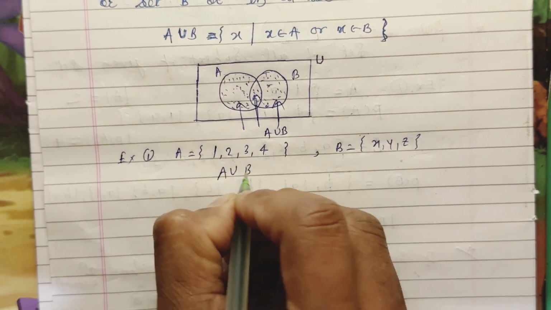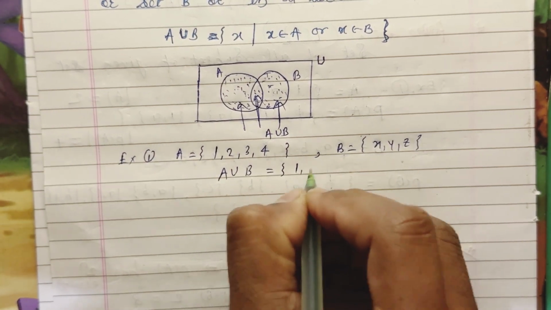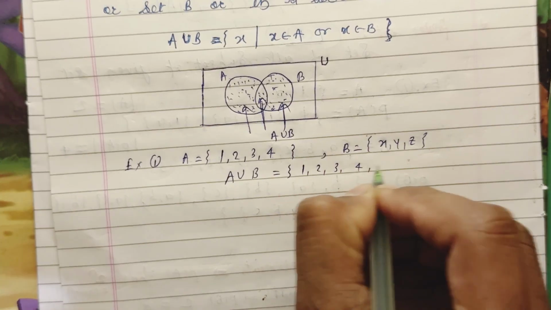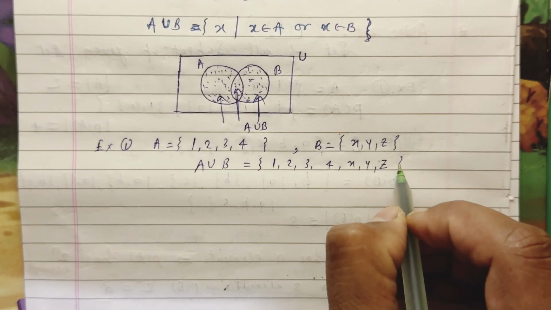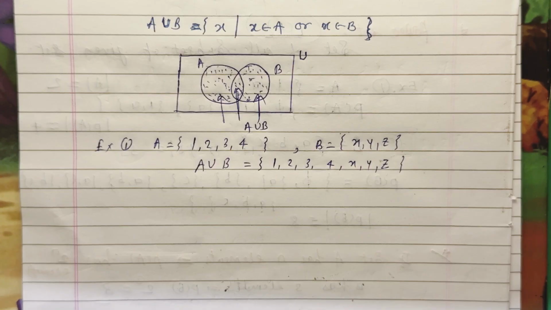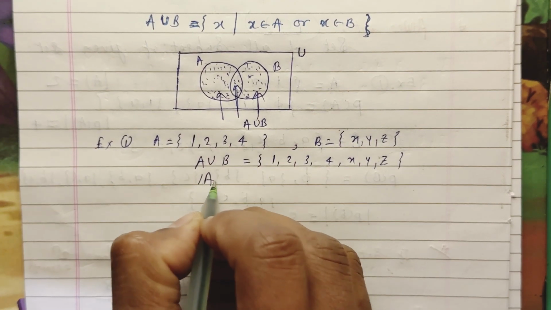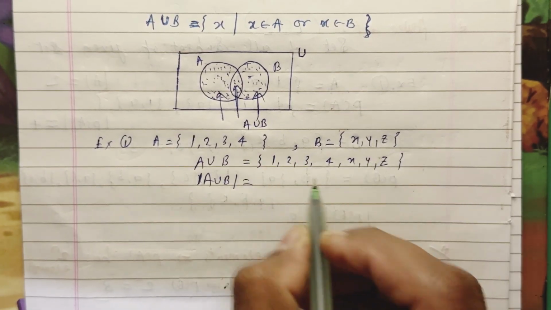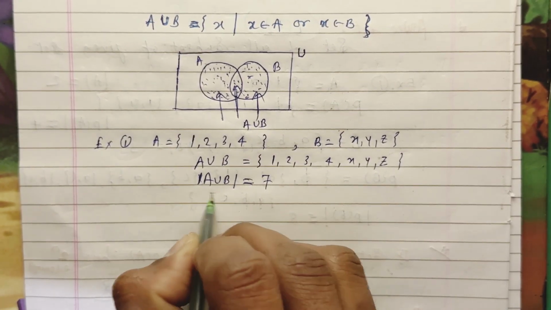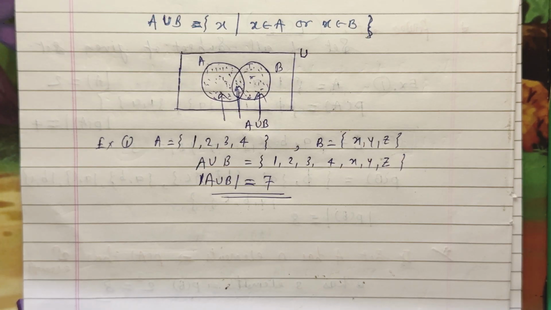A union B is 1, 2, 3, 4, x, y, z. This is the union of these two sets. So what is the cardinality of A union B? It is 4 plus 3, that is 7. This is the union and its cardinality.